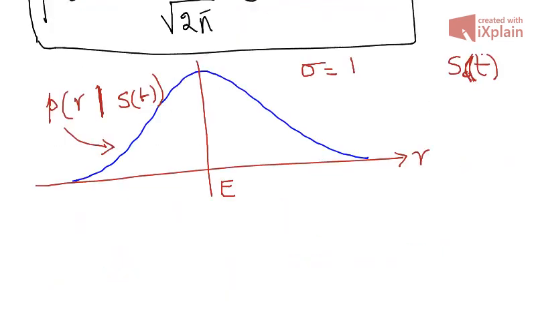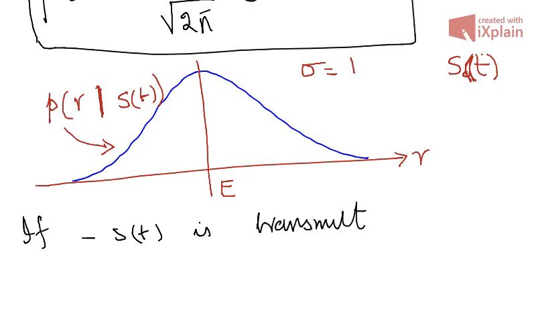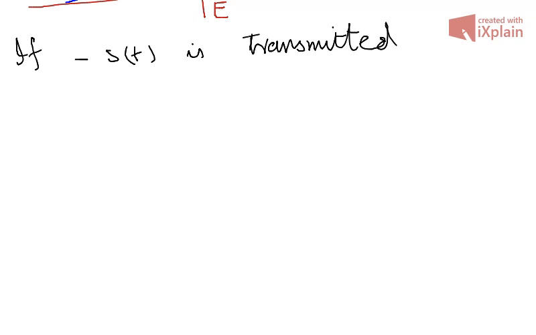And similarly, we can verify that if minus S of t is transmitted, we can get the conditional PDF of R, which would look like this.